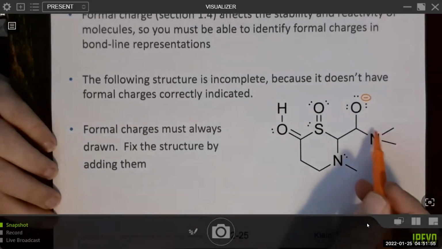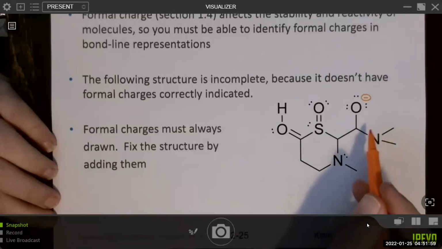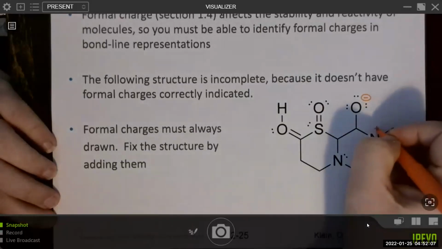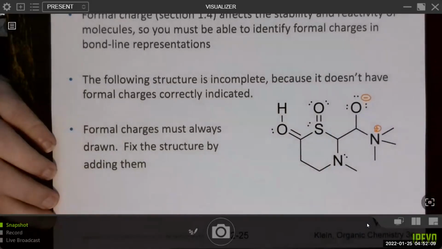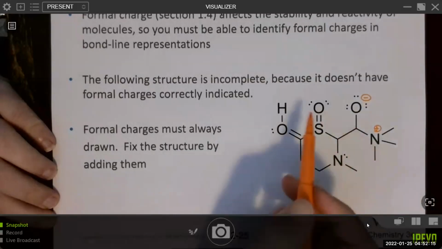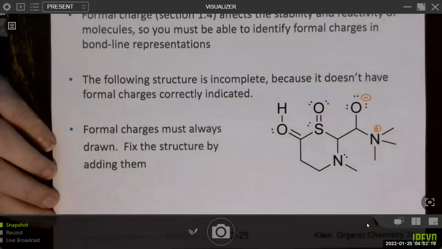Nitrogen typically makes 3 bonds and has 1 lone pair. When you see it making 4 bonds, that means that it has a formal charge. The calculation is 5 valence electrons minus 4 assigned, which means the nitrogen has a positive charge. This one is neutral with 3 bonds and 1 lone pair. This oxygen is neutral with 2 bonds and 2 lone pairs.